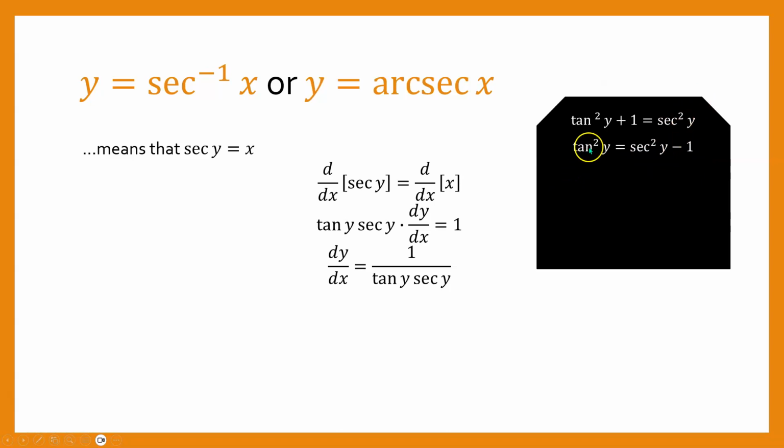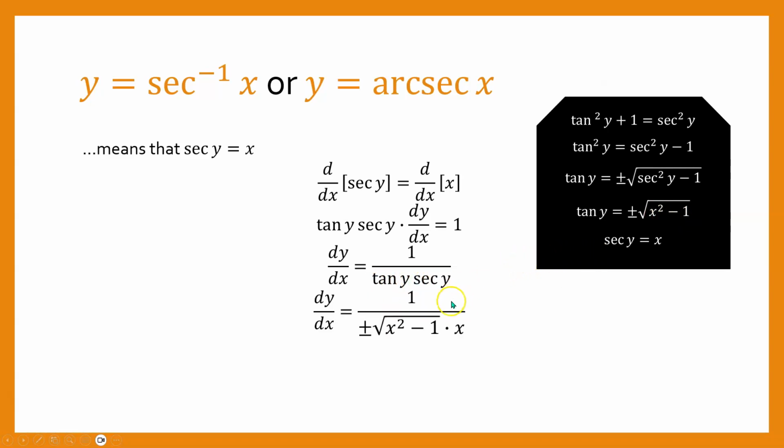So tangent of y should be the positive or negative square root of that, plus or minus the square root of secant squared y minus 1. And since secant y is x, that would be plus or minus the square root of x squared minus 1. So that's what we put in place of tangent y, and in place of secant y, we can put just x.